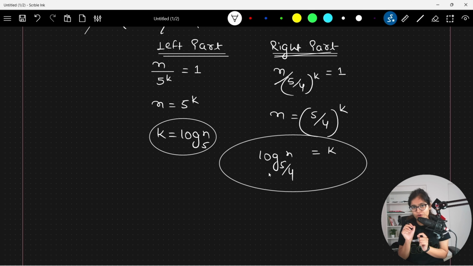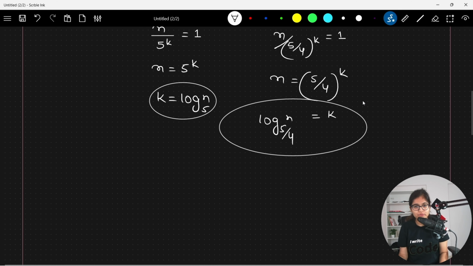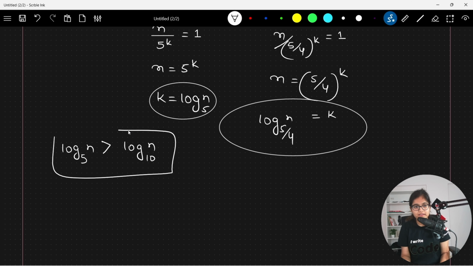If you remember, in one of the sessions I have already told you that whenever we are comparing a logarithmic part in the complexity classes, for example log of n, and there are two bases, for example here we have 5 and here we have 10, a log having a smaller base has a greater value. This is the major thing that you should know.